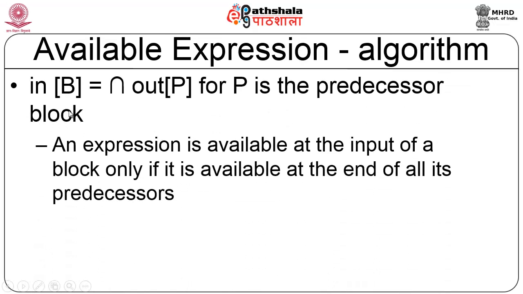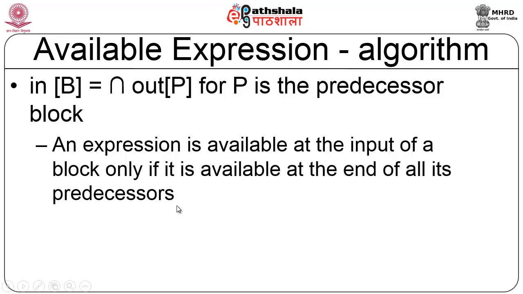Now, in of B is computed as the intersection of, this is against the earlier one where we had union, we now have intersection of out of P for P being a predecessor block. This means that an expression is available at the input of a block only if it is available at the end of all of its predecessor blocks.